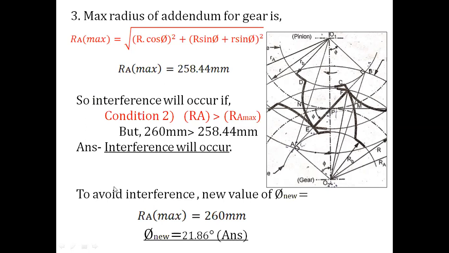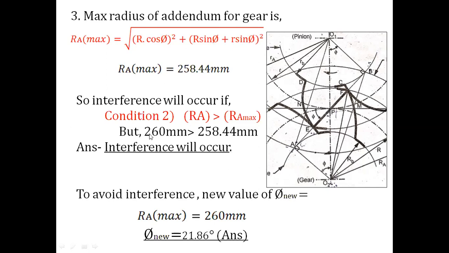The next question asked is: if interference will occur, what will be the value of pressure angle to avoid interference? To avoid interference, we have to find a new value, so I am writing phi new. At RA max 258.44, interference is occurring.